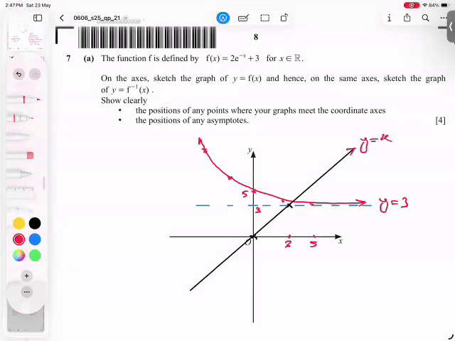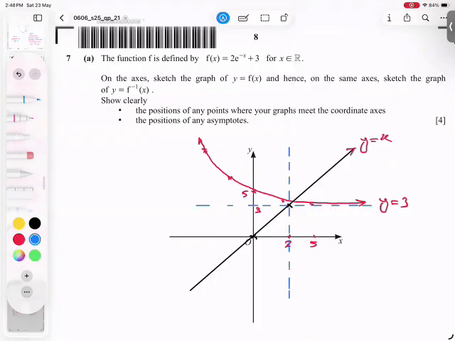Now I'm going to make a blue color graph, the reflection of this line. How to make it? First of all, I will make the asymptote. The asymptote is naturally here. We have one asymptote we drew already and one other asymptote we have at 3. Again I'm making a blue line. All right, this is done.